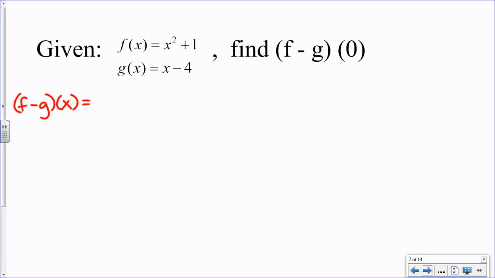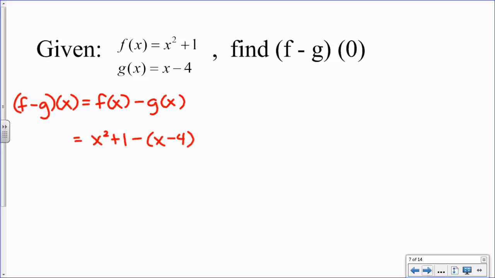If I find f minus g of x, I'm doing f of x minus g of x. So that's x squared plus 1 minus x minus 4. I have the x minus 4 in parentheses, so I distribute the negative.